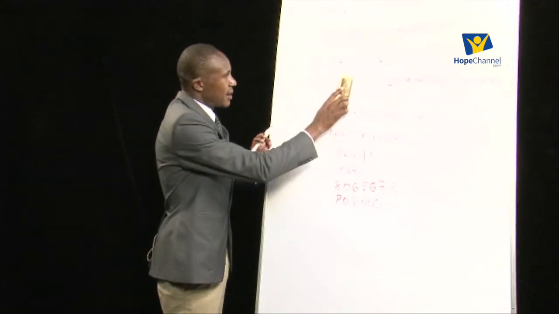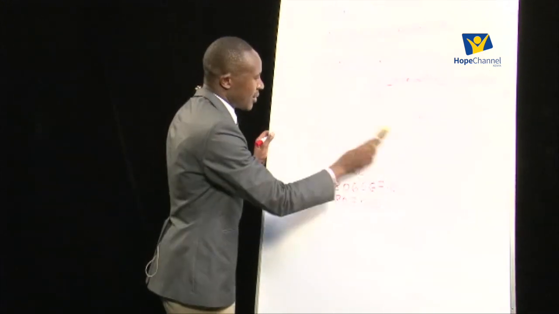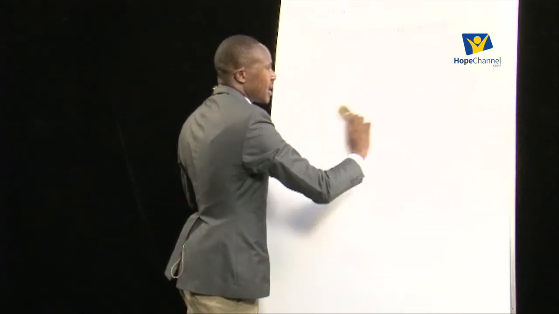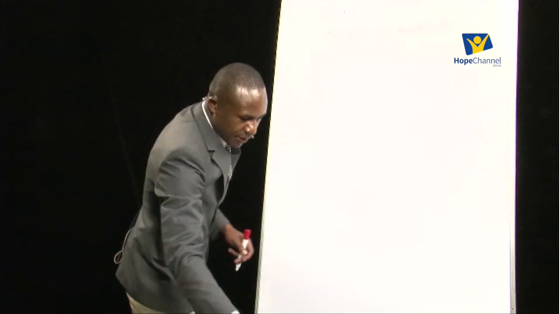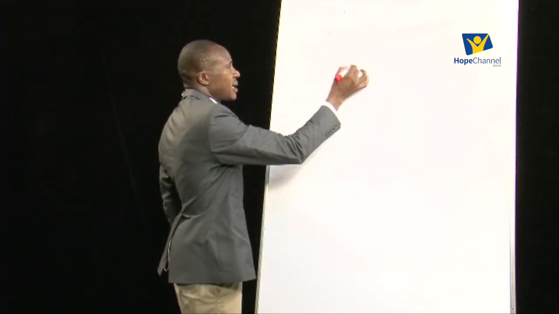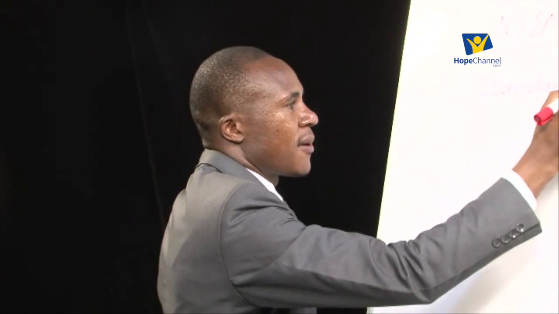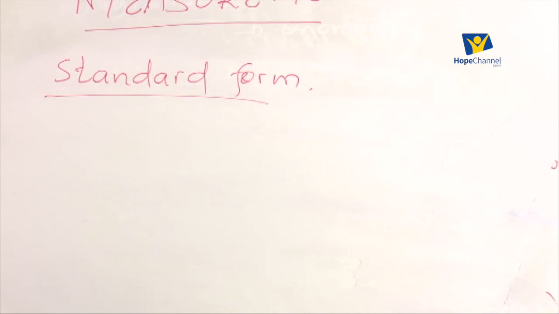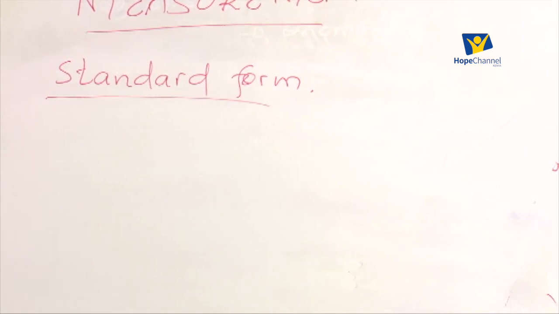The next thing for us to discuss or to have a look at is the standard form of numbers. Writing numbers in standard form. Standard form becomes very important when we have very big numbers or very small numbers.